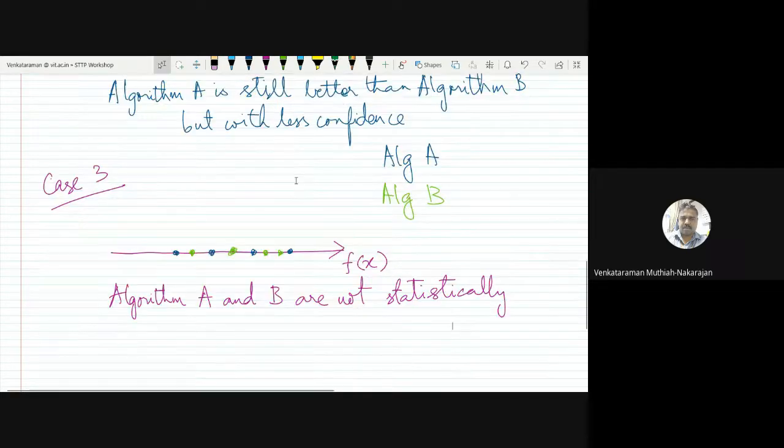You could not see the difference in performance between algorithm A and algorithm B. They are performing more or less the same. If you take a blue point, on an average, it is the same as the green point. So algorithm A and B are not statistically separable.